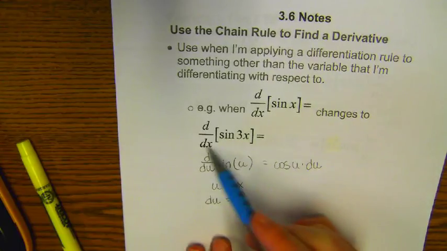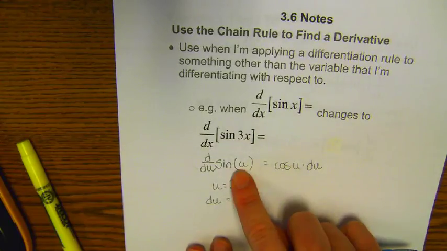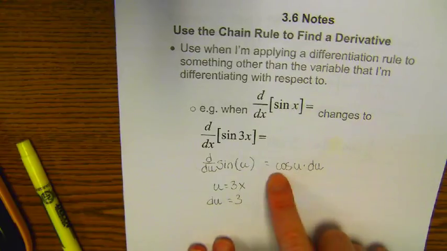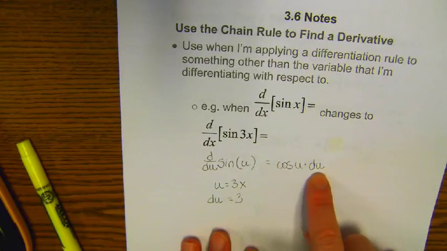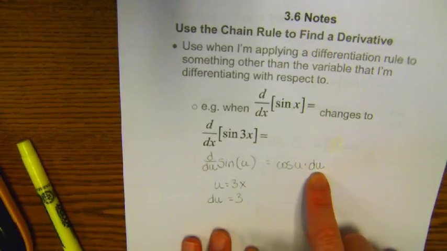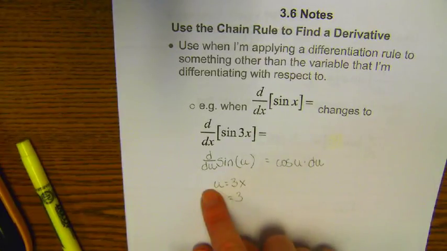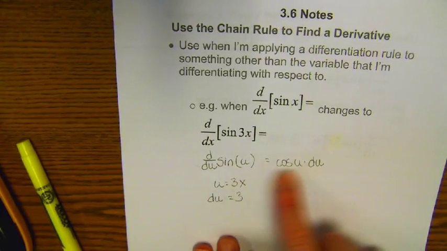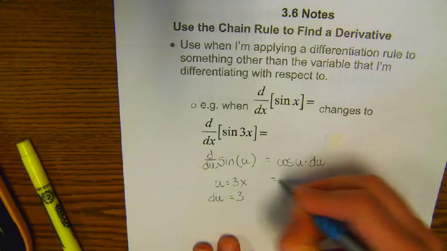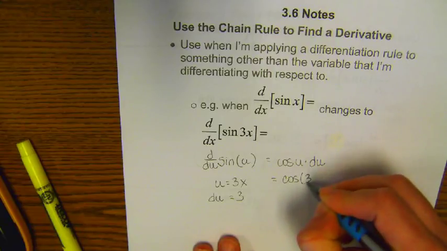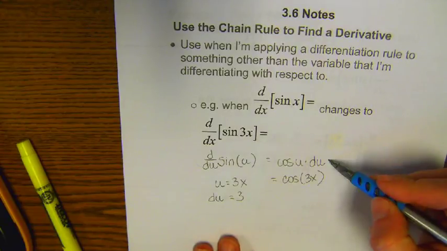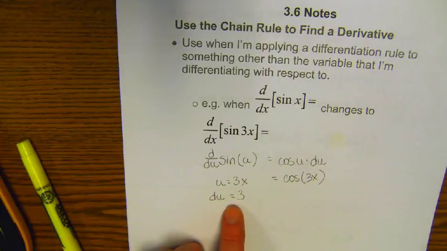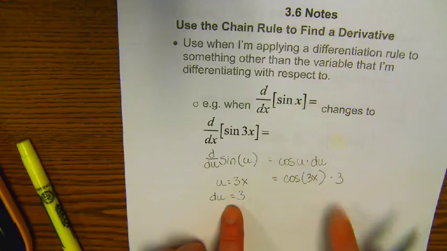If it was a single variable, we know it's the cosine of u, but we're going to put that with respect to u there. Now we're going to sub our things back in. So in place of u, this is cosine of 3x, but what's the derivative of u? Times the 3. And we would write that 3 out in front.